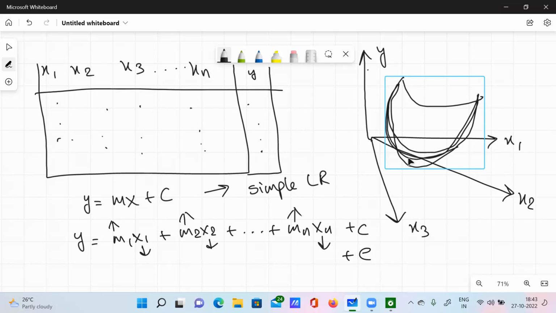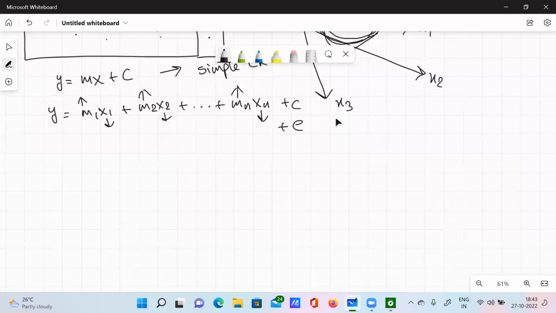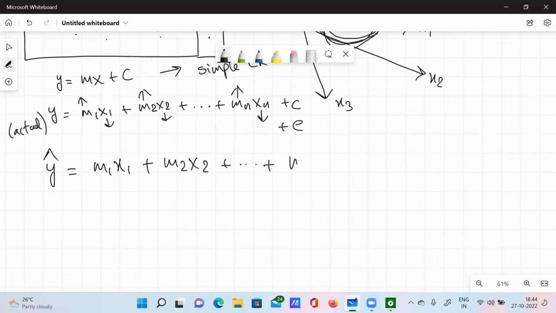Now, everybody knows that we have two kinds of equations. One is the actual equation, and for the prediction we have y hat equal to m1 x1 plus m2 x2 plus and so on plus mn xn plus c. But if you ask me, what about e?